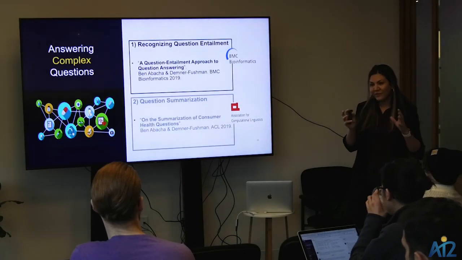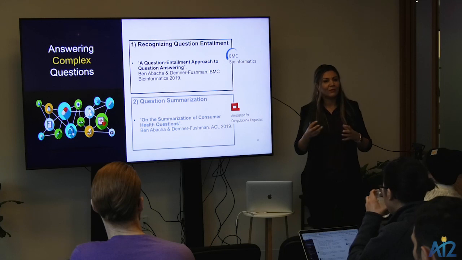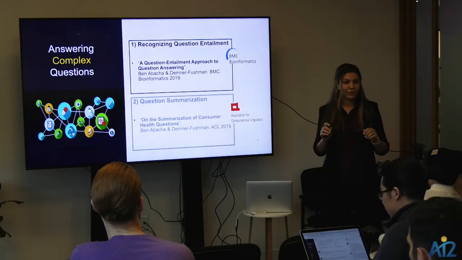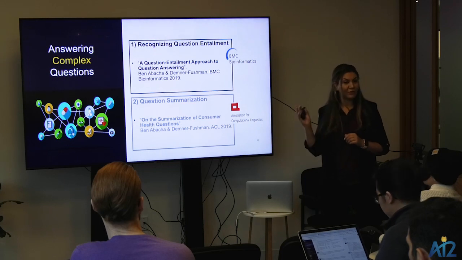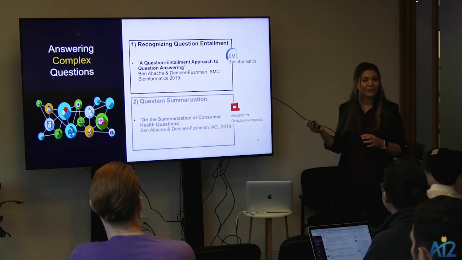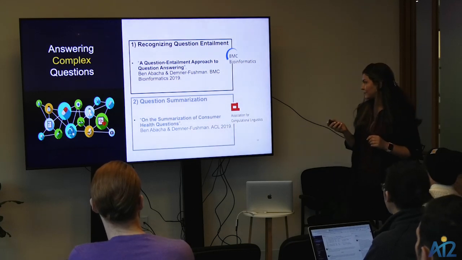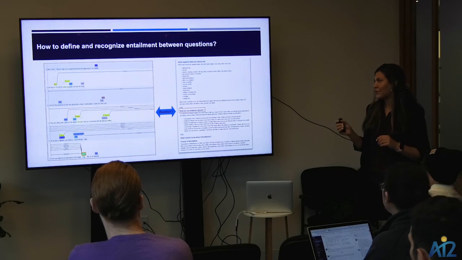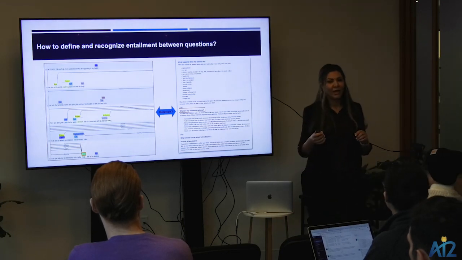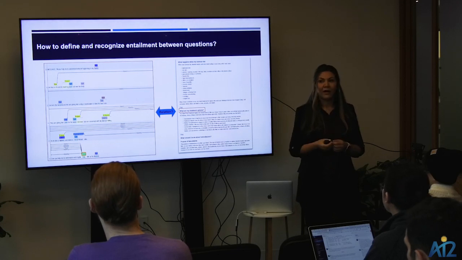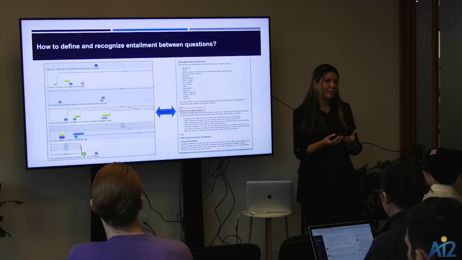So to address these challenges and to deal with the complexity of consumer health questions, I propose 2 approaches. The first one is based on recognizing question entailment, and the second approach is based on question summarization. We introduced the task of recognizing question entailment in order to match a new question with pre-existing answered questions when they satisfy the entailment relation.